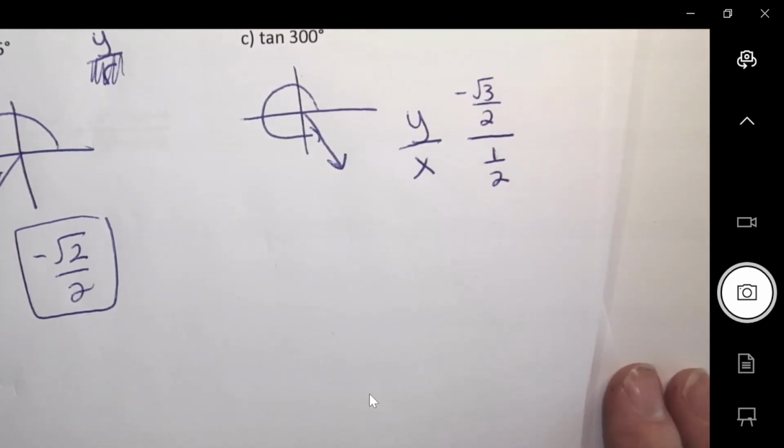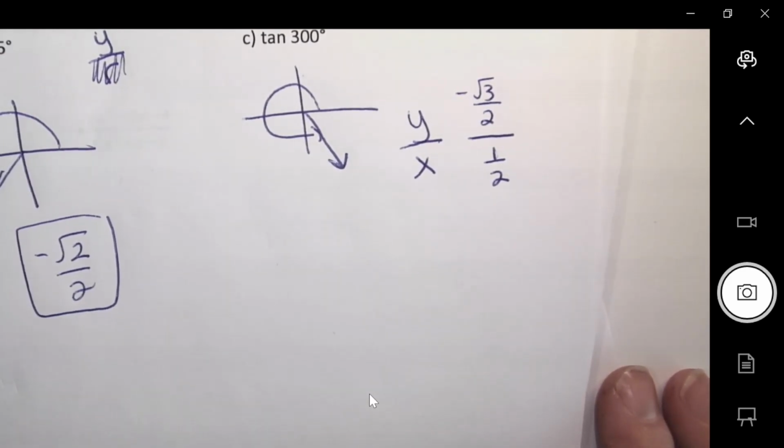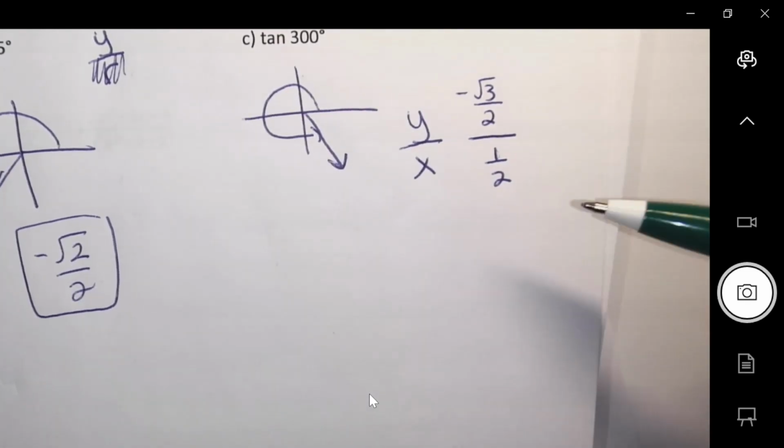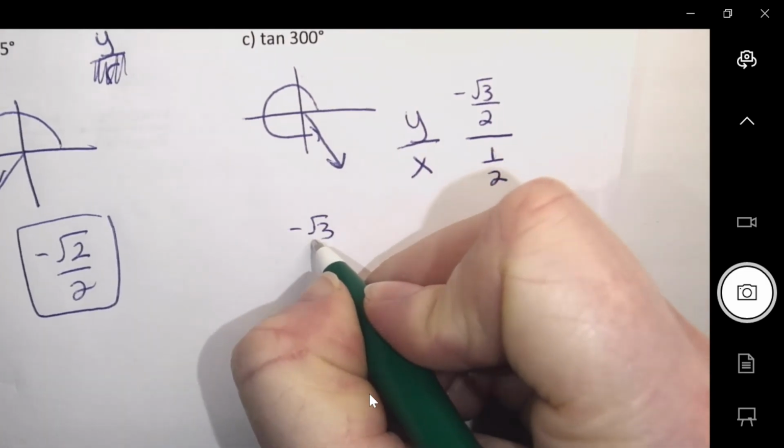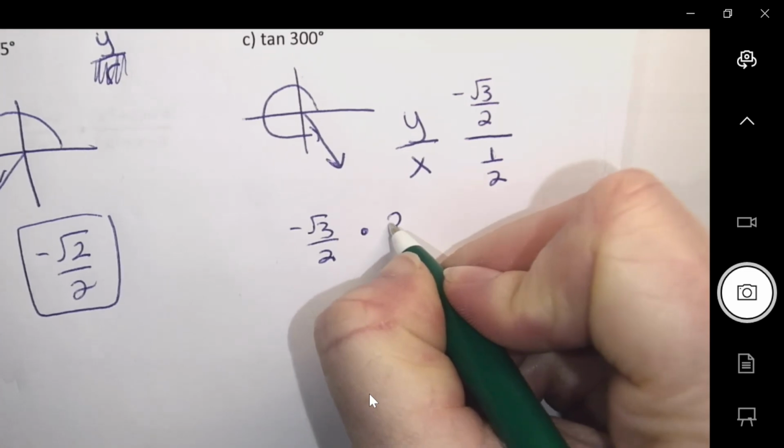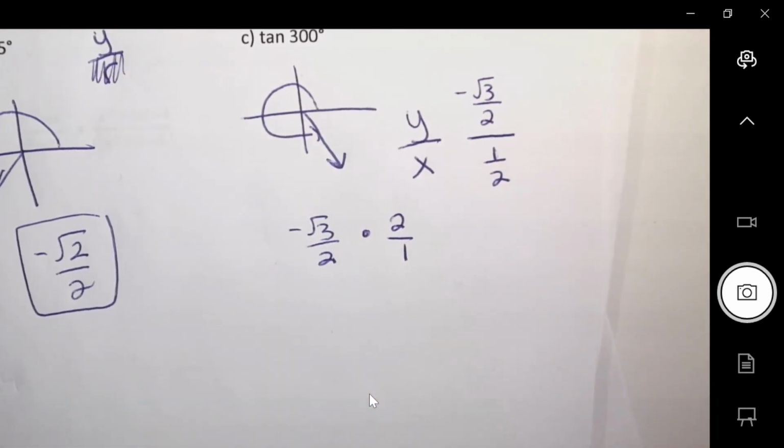And this is no calculator. What would I do? How do you divide two fractions? You do get your calculator, but if you show me your work on your calculator, you're just getting a decimal answer, 0 points. Flip and multiply, so negative root 3 over 2 times 2 over 1. Does anything special happen?